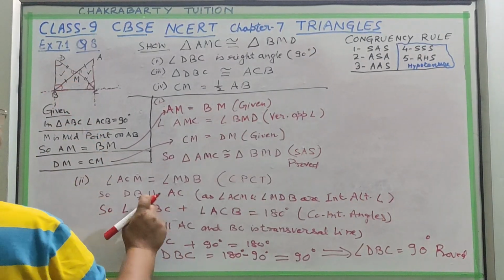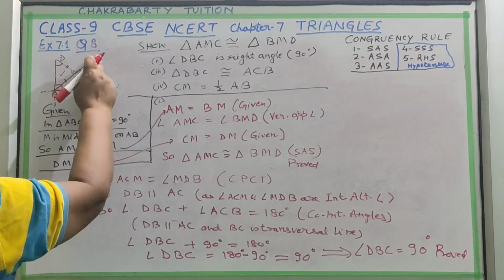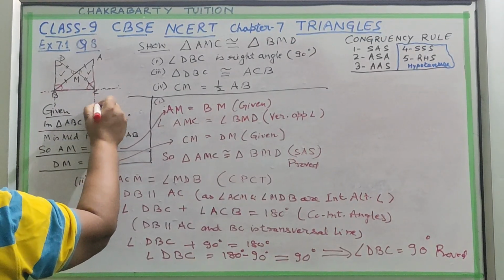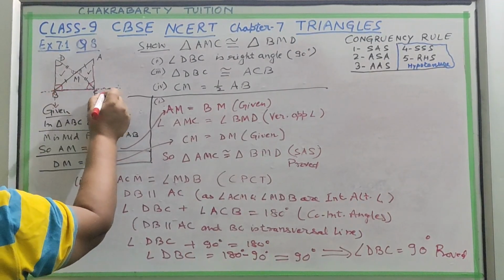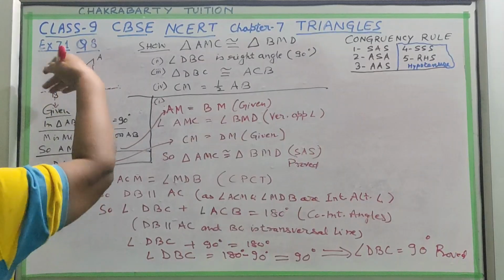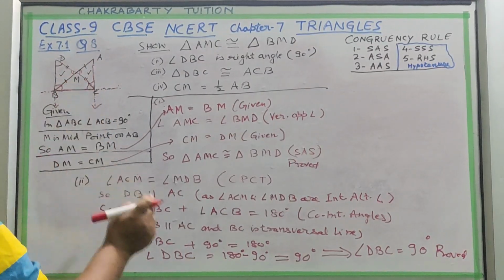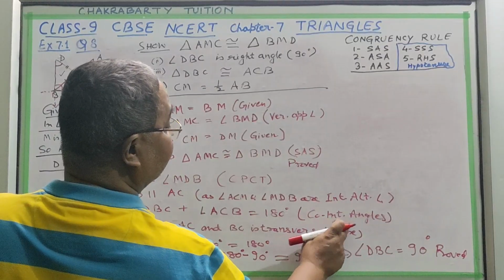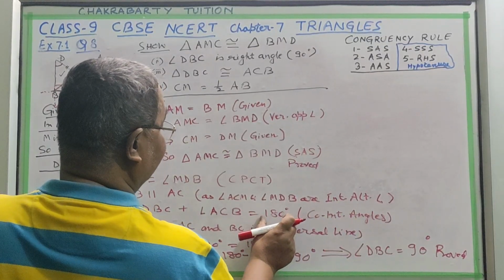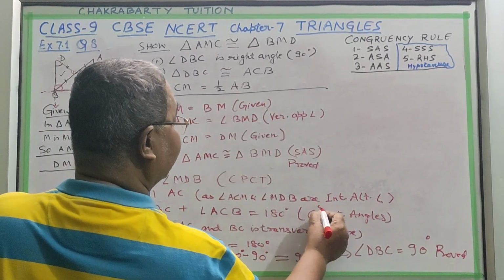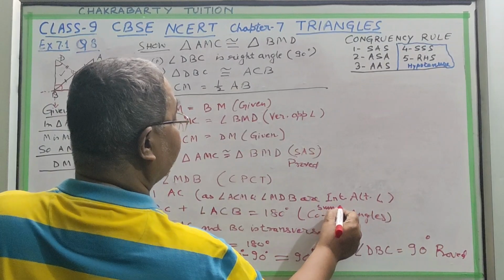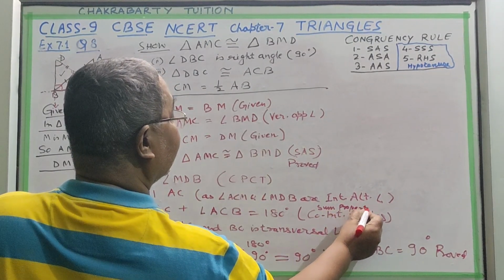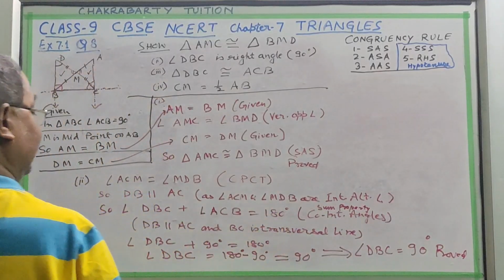We have already proved DB is parallel to AC, and BC is cutting them, so these two angles inside will sum to 180 degrees, by the property of co-interior angles.